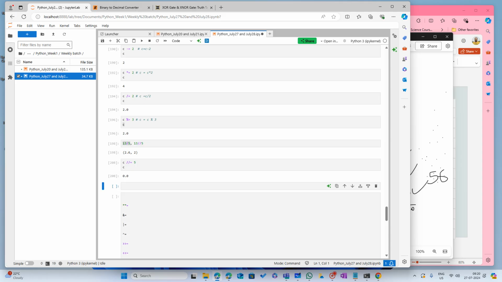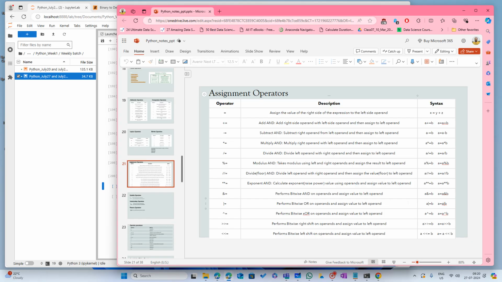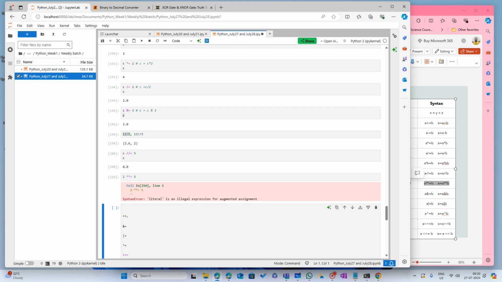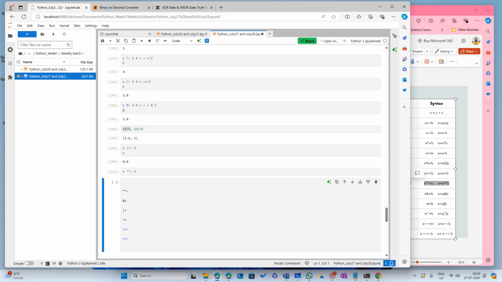Likewise, you also have power equals. You're doing a power calculation and also assigning. So you need to have certain value here. But it is 0 simply because 0 to the power of anything is 0 only.